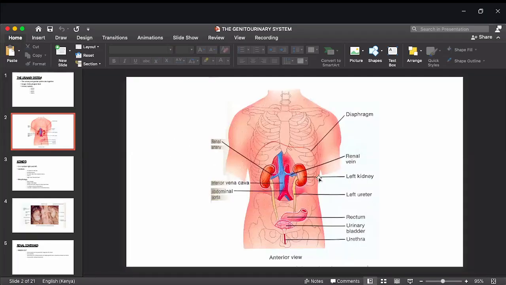In this pictogram, we have the presentation of the GU system, the gross anatomy. You can see the way the kidney is bean-shaped. You can appreciate the renal artery and the renal vein. You can appreciate the ureter, bladder, then urethra.